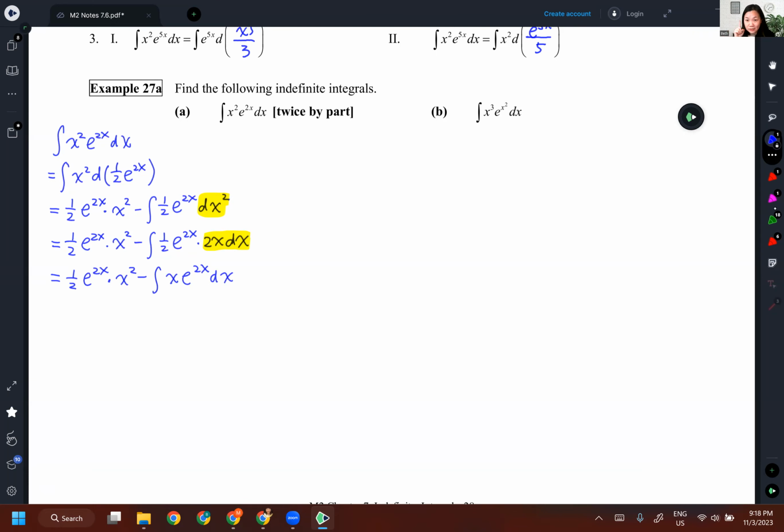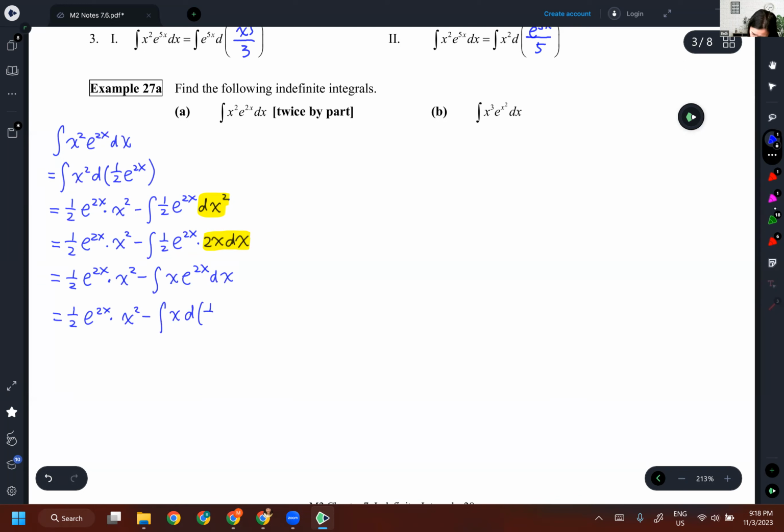And then the second time, integration by parts twice, the second time. Do it again.